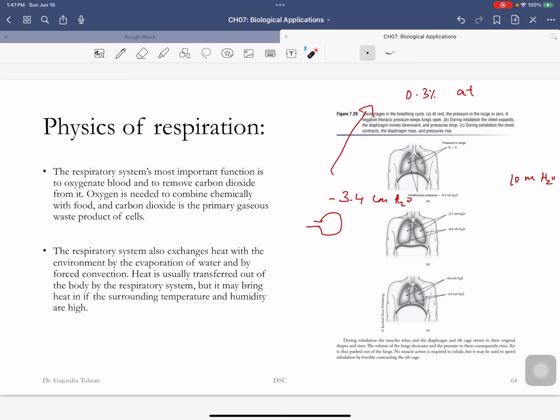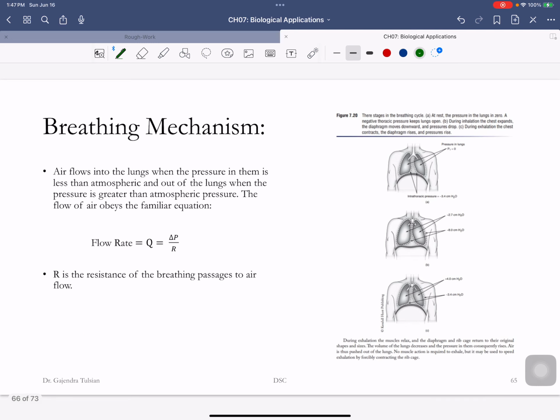So a lot of heat is also lost by evaporation of water in your breathing. Okay, so remember, we learned this, when 1 gram of water vapor evaporates, it takes away 540 calories of heat.